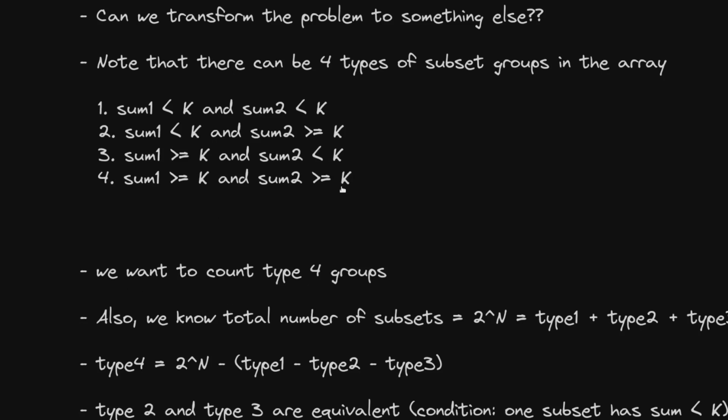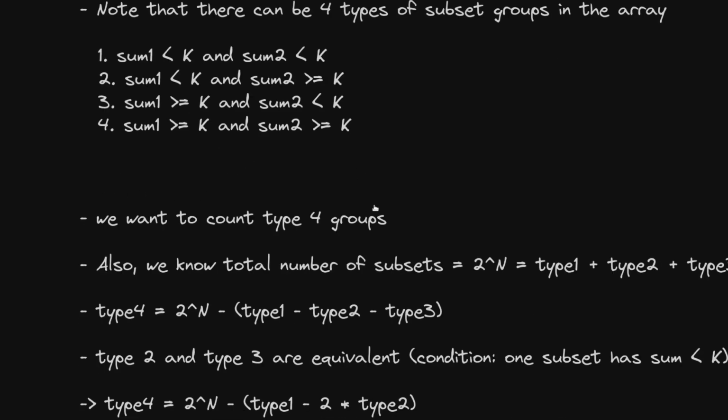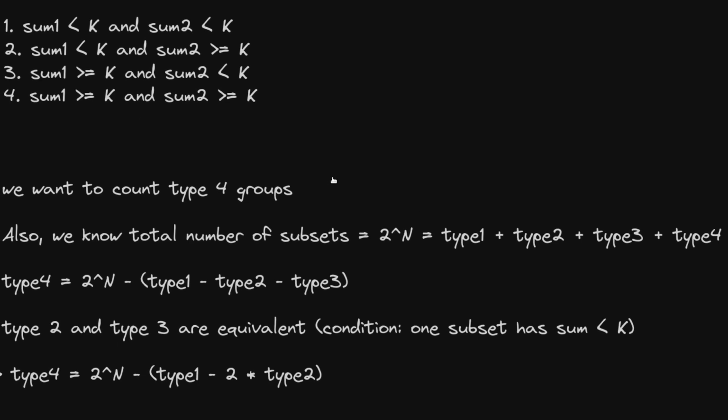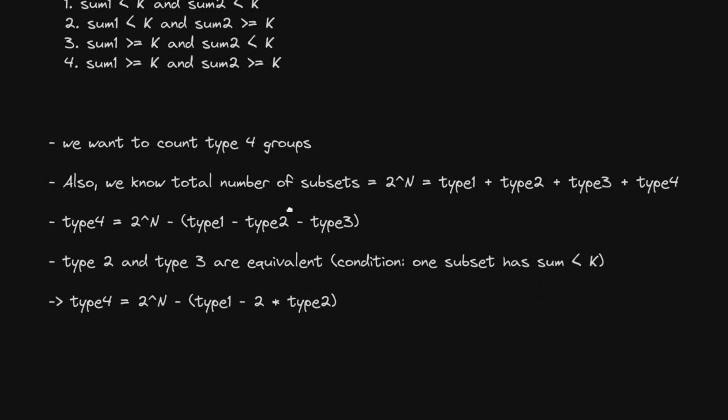So the question demands the count of groups of type 4, and we know that the total number of subsets of any array is 2 raised to n, right? There can be 2 raised to n subsets, and considering one subset is considering a group partition, so we can simply denote it as 2 raised to n.